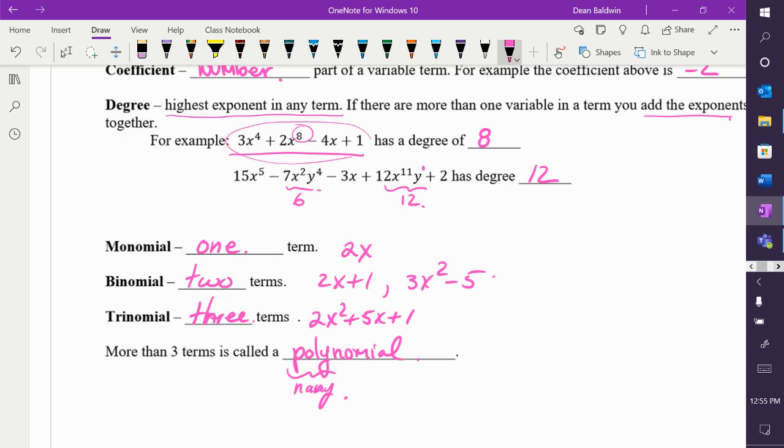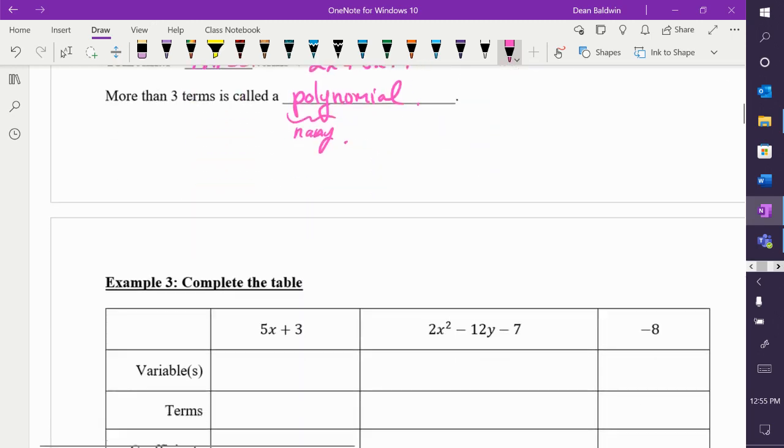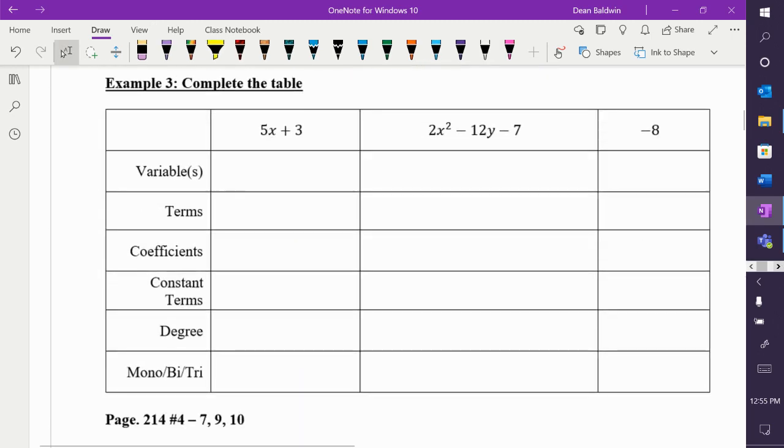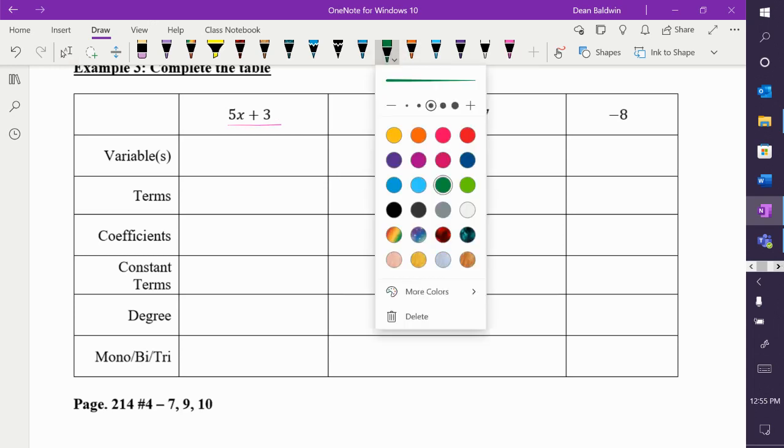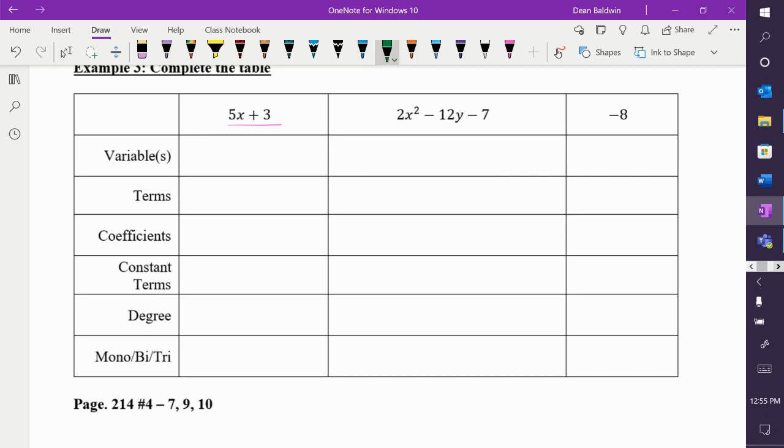Okay. Let's see if we can fill in this table together on the other side. All right. So 5x plus 3. What are the variables in that term?